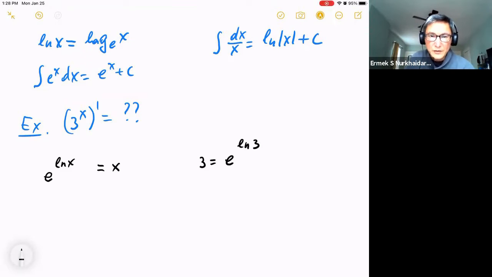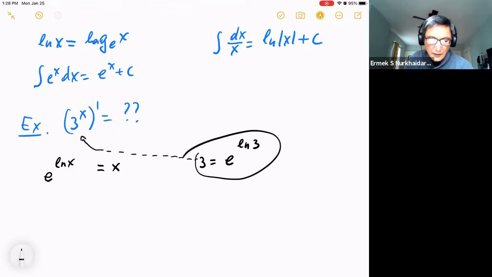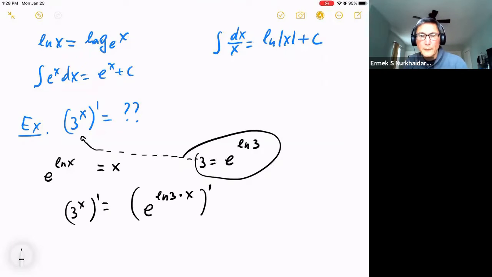So now let's substitute that expression for 3 into the derivative of 3 to x. We wanted to find the derivative of 3 to x, and 3 is equivalent to e to ln of 3, and then multiply by x. And then we'll do the chain rule. Our inside function is going to be ln of 3 times x.